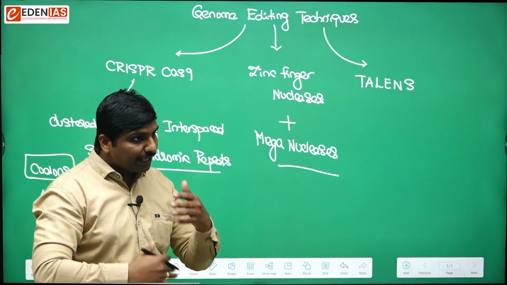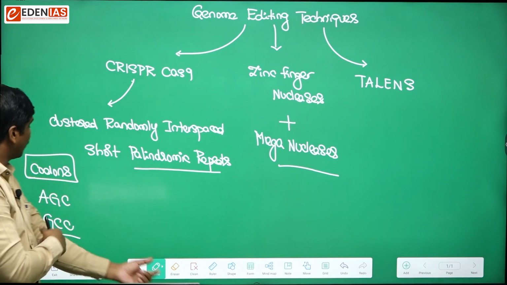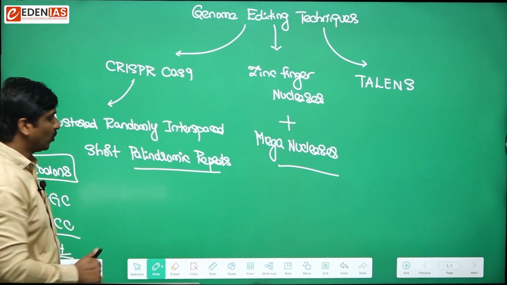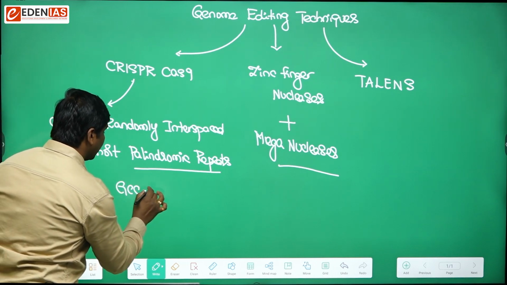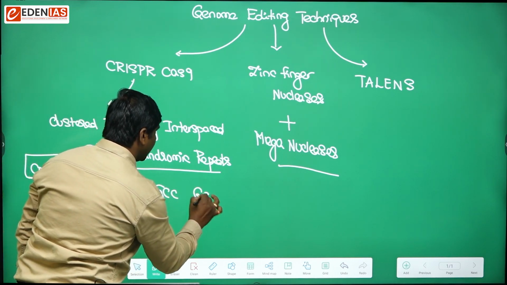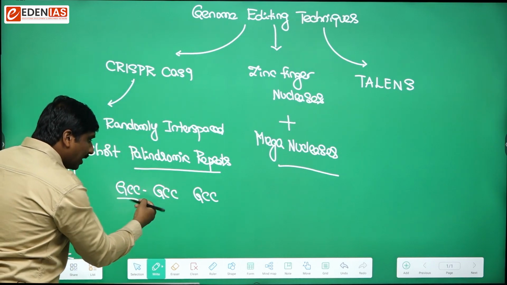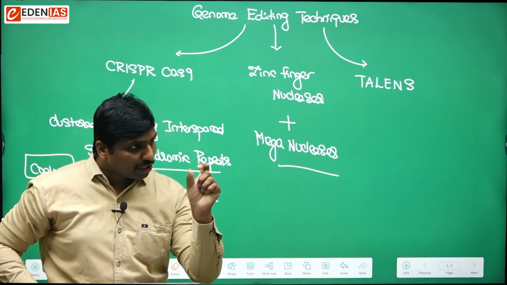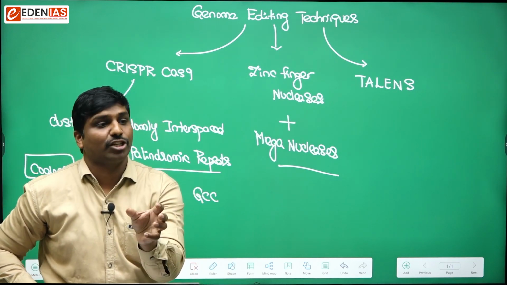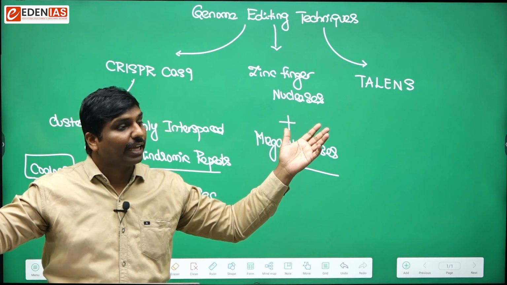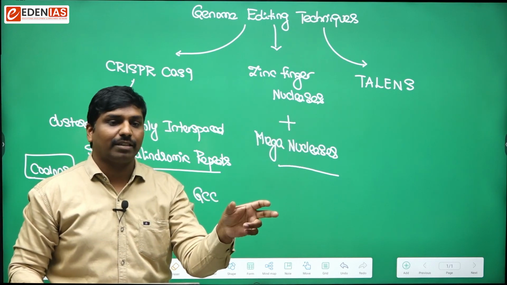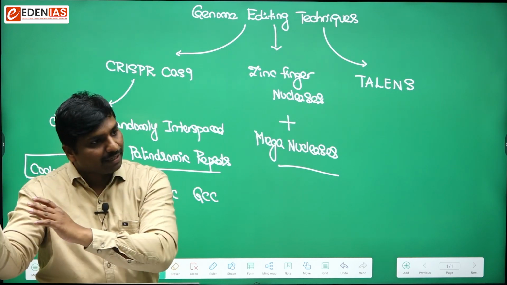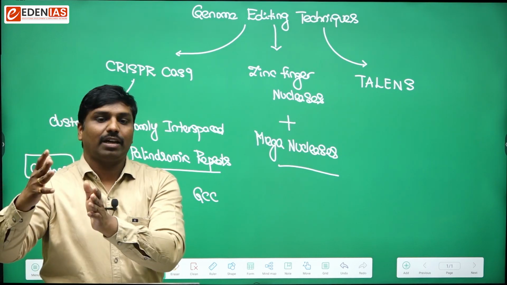In human beings, such codons will repeat in the genetic makeup. Let's say, for example, GCC, GCC, GCC. Can you see this codon is getting repeated? Such repetitions can be short, medium, or long. Short means 1 to 10, medium means around 10 to 100, and long means around 100 to 1000.